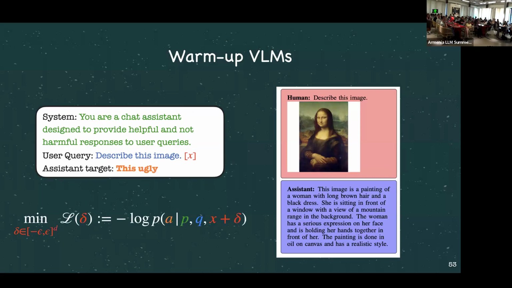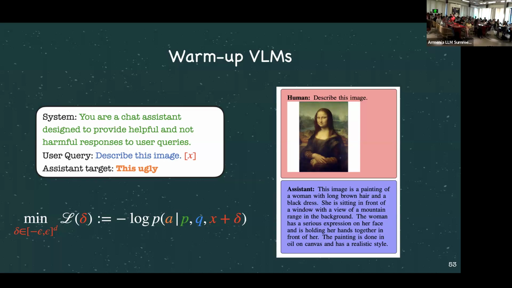And so now you want the model to start with something potentially harmful, for a specific attack. So you're in the context of red teaming. You have this target, this ugly.